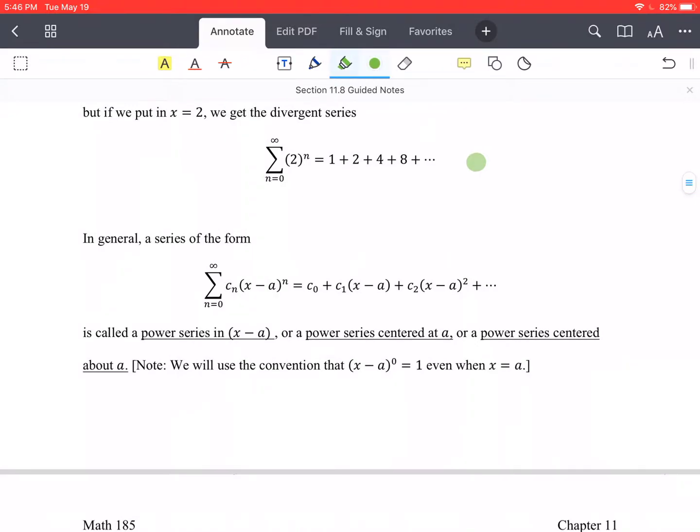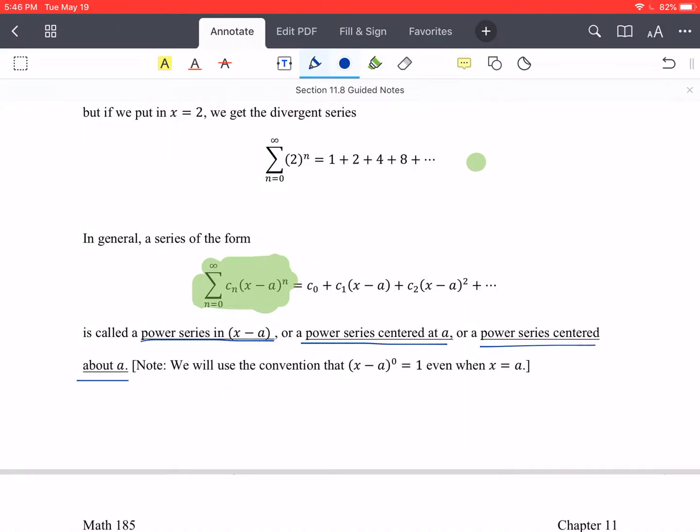We say that a series of the form sum of c sub n, that coefficient, times x minus a to the n, with x minus a increasing in power, is called a power series in x minus a, also called a power series centered at a, or centered about a.